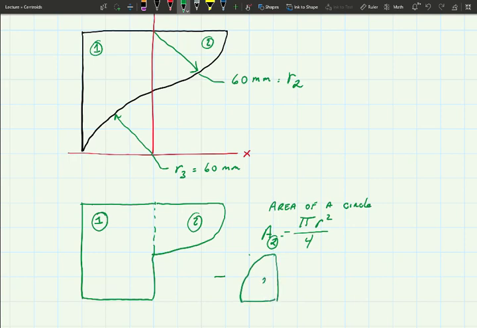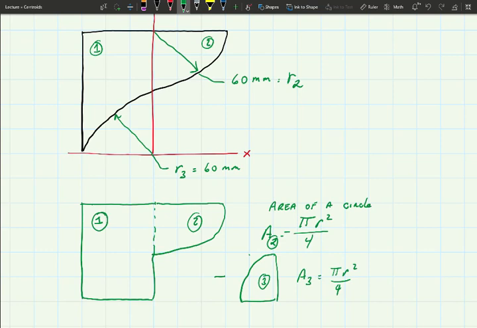And this will be 3, which is everything related to radius 3. Again, it's the same equation. Area 3 is equal to pi r squared over 4, and you're going to get that. And then 1 is a rectangle.